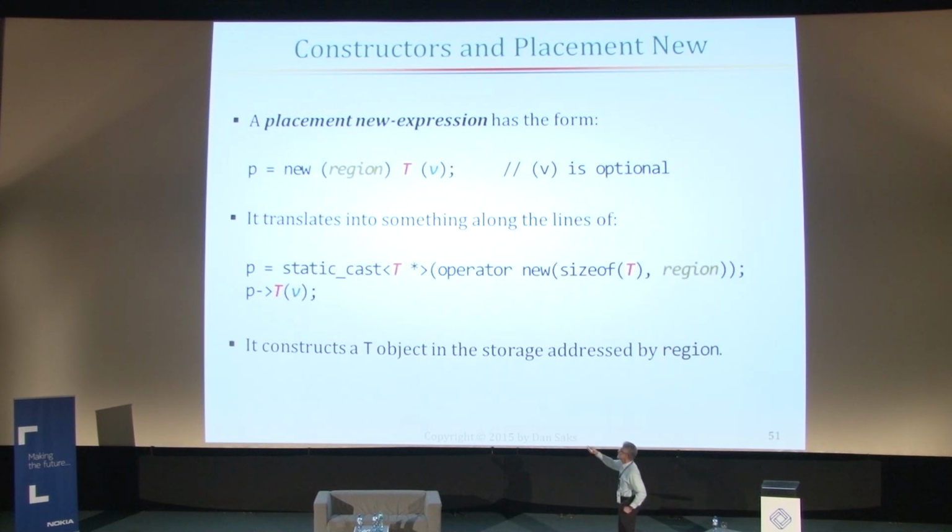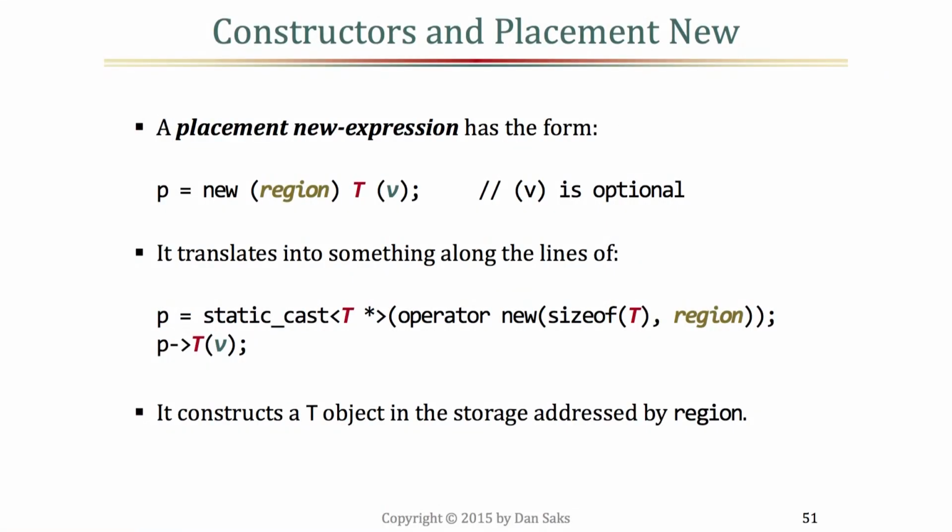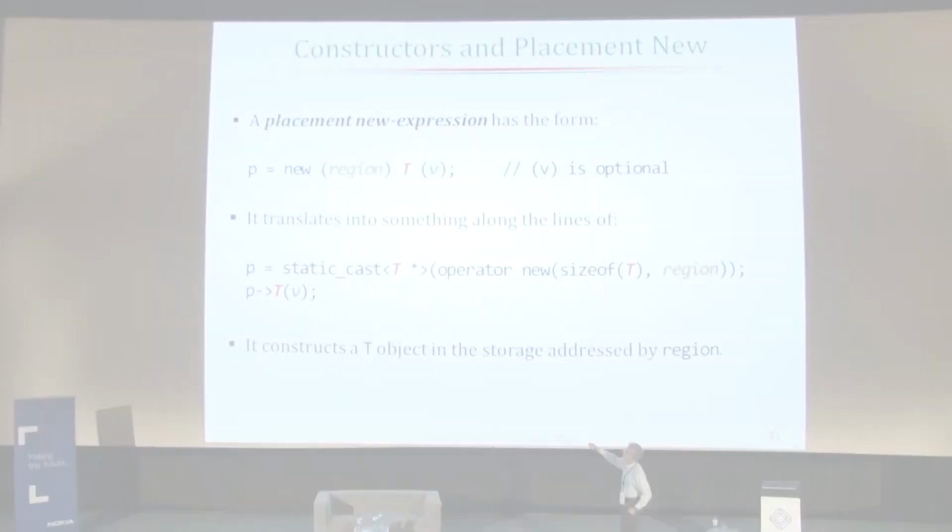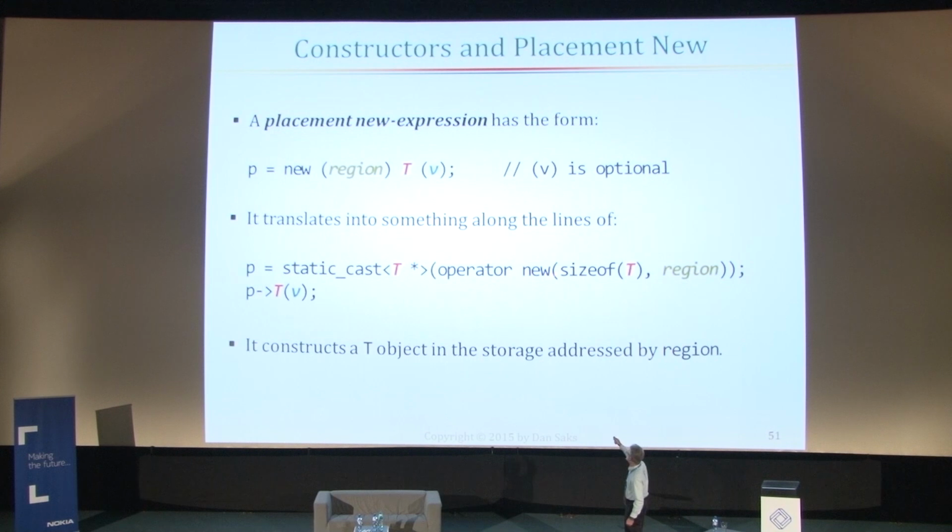Next. And this is how you use it. You write new, and you put the argument, effectively the second argument to placement operator new, here in parentheses between the word new and the type T. So that's the argument to the constructor if required, and that is the argument to the placement new. And the compiler turns around and calls that operator new with placement, passing it that thing goes there, that type goes in there.